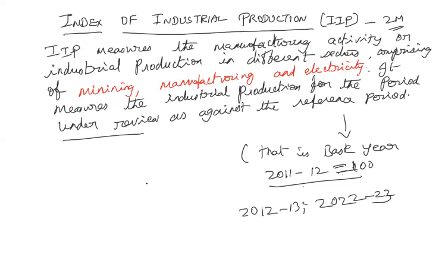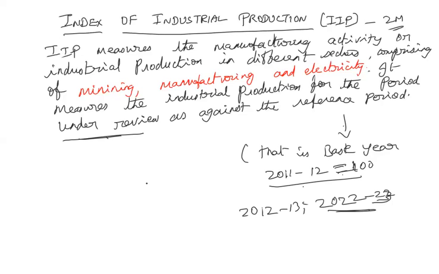If you are calculating the industrial production for 2022-23, that is the period under review, as against the reference period, the base year. Then we calculate the growth rate in the industrial sector, whether it is more than 100 or less than 100, and based on that we calculate the growth rate or otherwise of the industrial sector in the country.